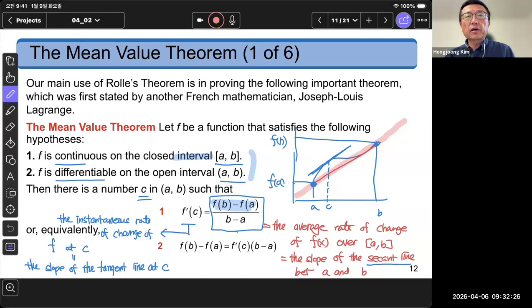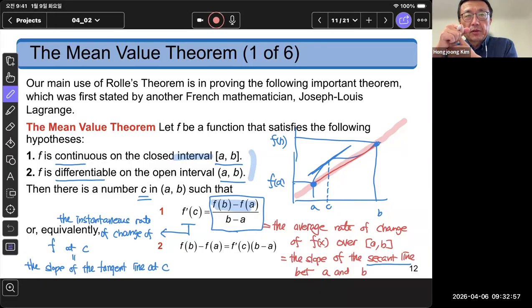And as I said, there are three common examples of the mean value theorem. First, given a certain equation, if you want to prove the uniqueness of the solution, you may use the mean value theorem. Secondly, if you want to find a point C such that the tangent line at that point is parallel to a certain secant line, then you may use the mean value theorem.